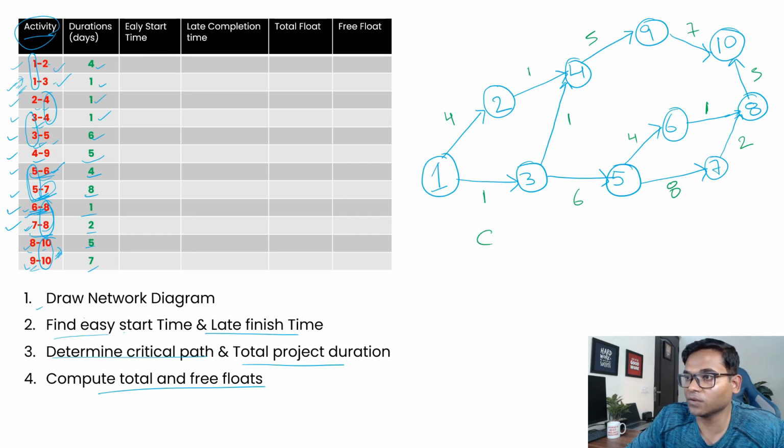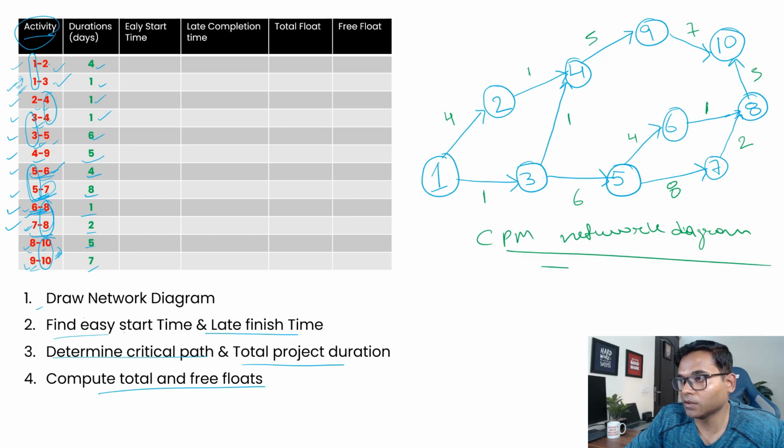So this becomes your CPM network diagram, and this basically completes this.